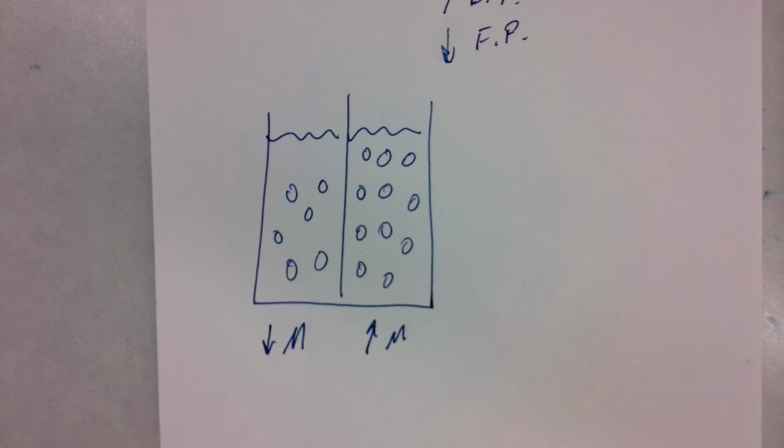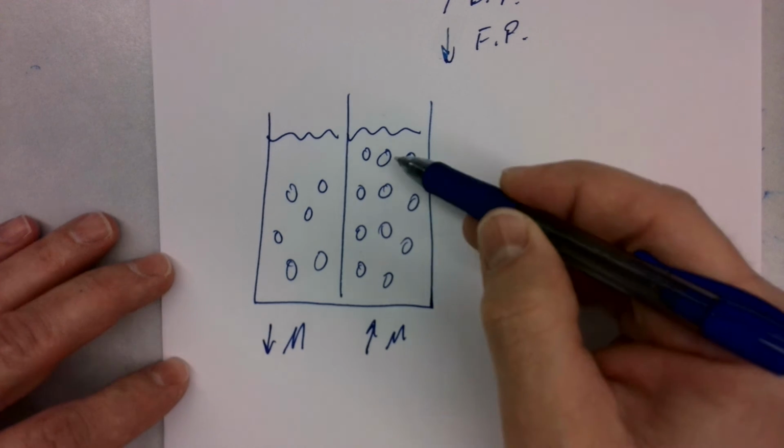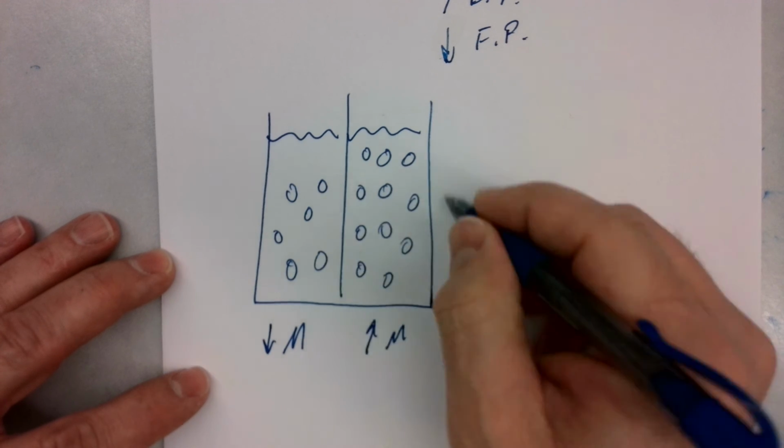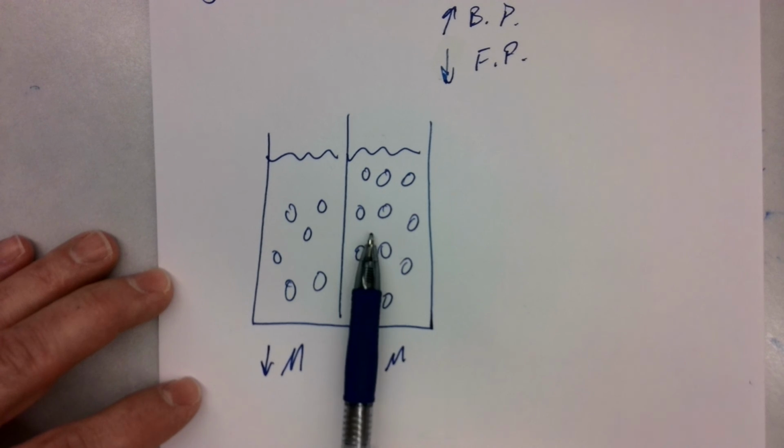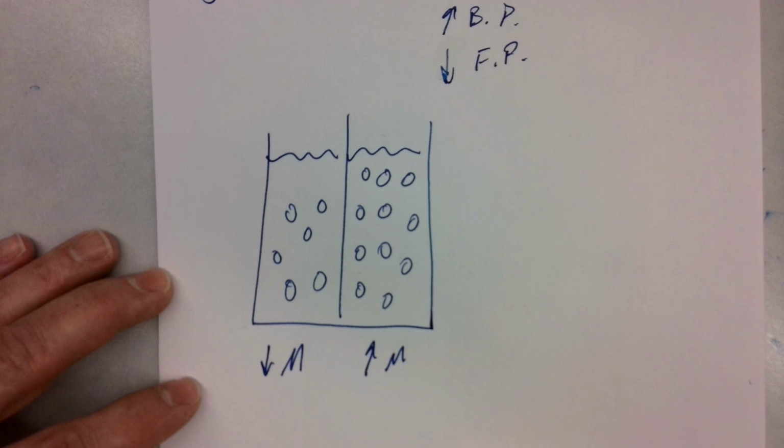Here's what I wanted to read. It says an increased volume of the solute creates increased pressure on one side of the membrane. So I've got more here, which means this one is going to have a higher pressure. Listen to this: the increased volume of the solute, which is the more dots, creates increased pressure on one side of the membrane.